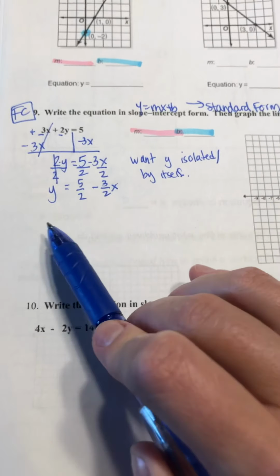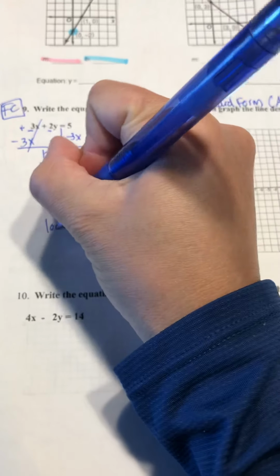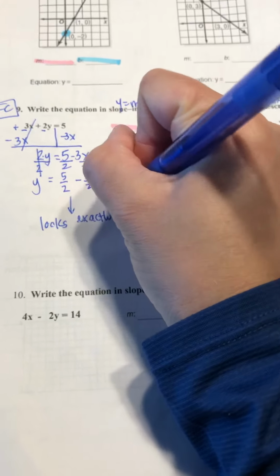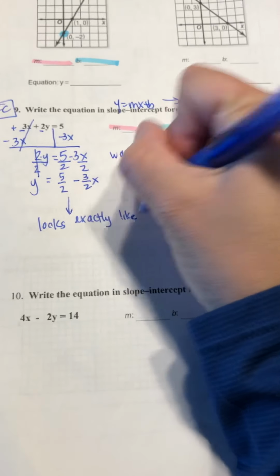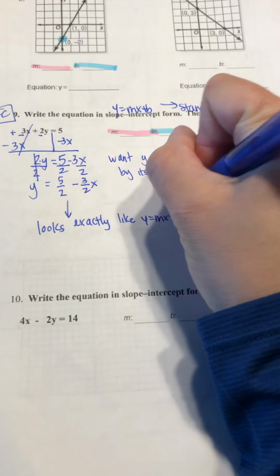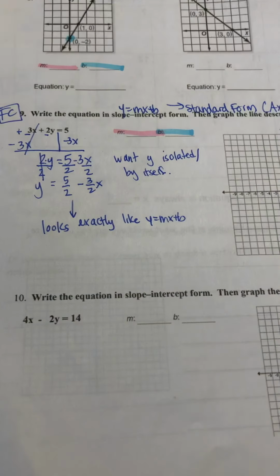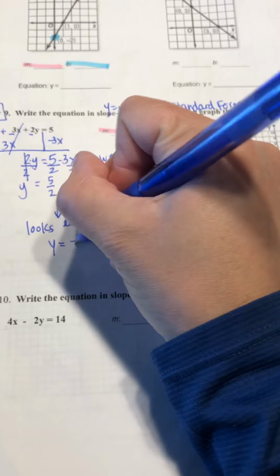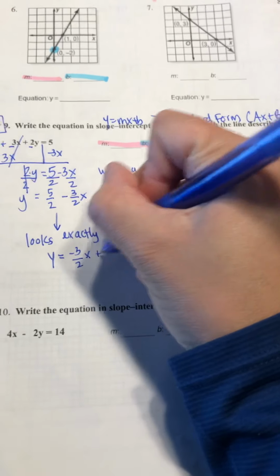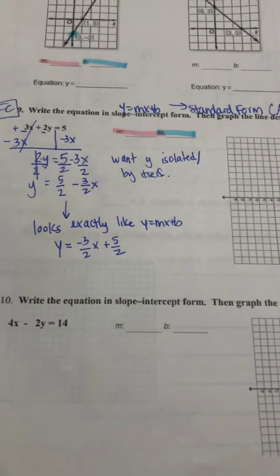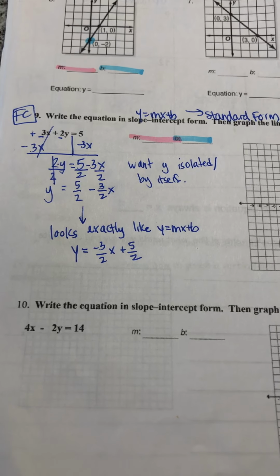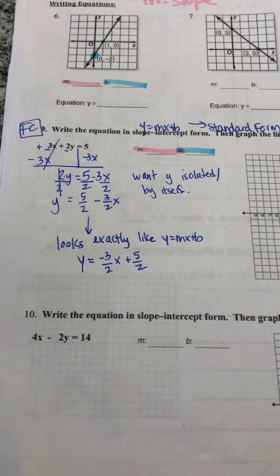Pause your video and rearrange this equation so that it looks exactly like y equals mx plus b. I'm hoping you end with something like this. Go ahead and check that.